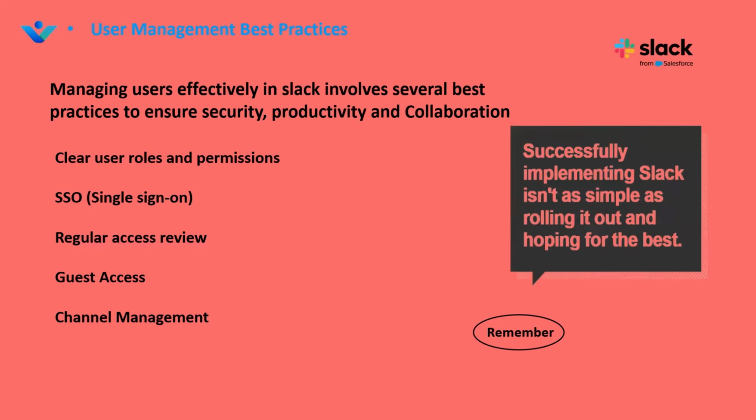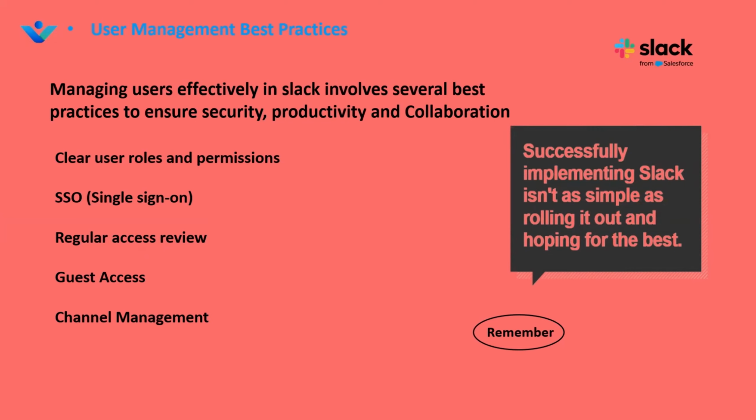Implement SSO for Slack to simplify user management and enhance security. SSO allows users to log in to Slack using their existing corporate credentials, reducing the need for separate login credentials and streamlining user provisioning and deprovisioning.